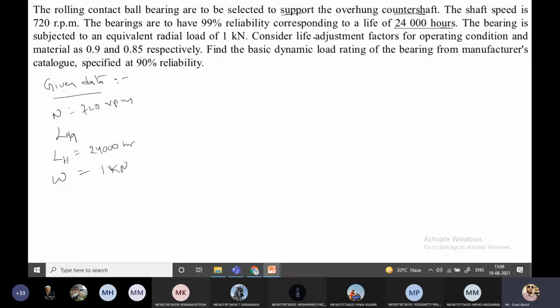Consider the life adjustment factors for operating condition and materials as 0.95, 0.9 and 0.85 respectively. These are the adjustment factors, 0.9 and 0.85.